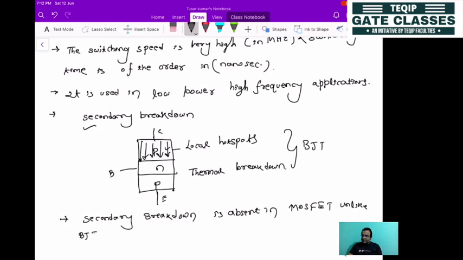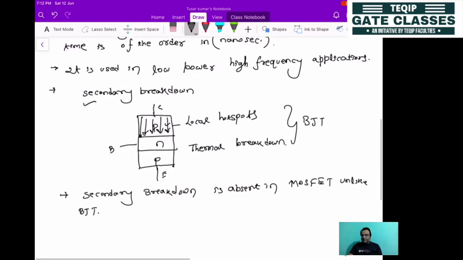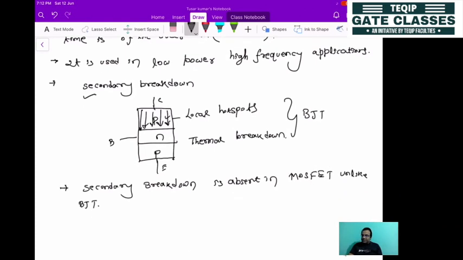In BJT, this is very prominent. That is one of the drawbacks of BJT, but you will not find it in MOSFET. However, in case of MOSFET, you have one drawback. That is what is called electrostatic discharge.